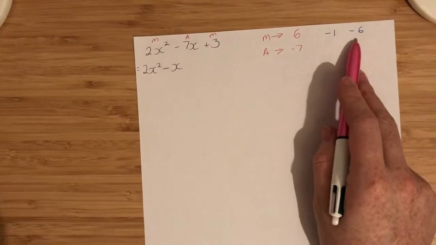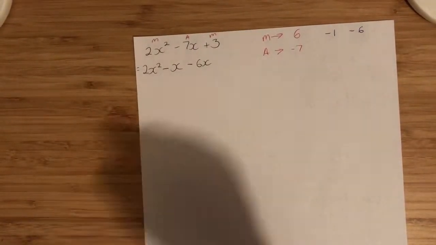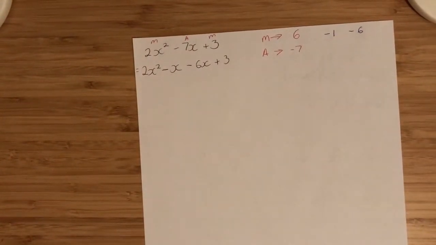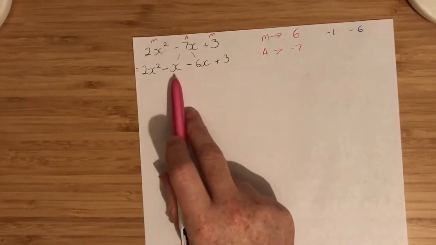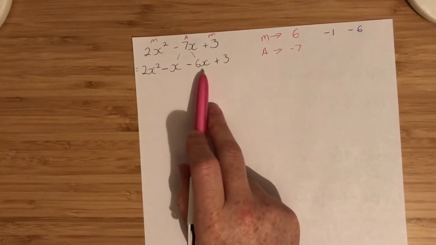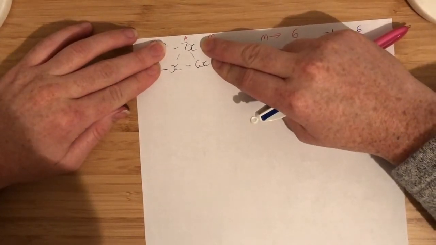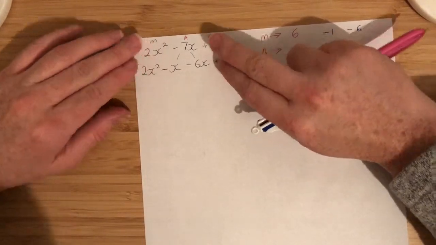And we use this -6 as well, -6x, and you still have the +3. So all we've really done here is we've broken this -7x in the middle into two different terms. -x, -6x. Now if we were just to look at that, -x minus 6x is -7x. So we haven't changed it in any way, we've just split it up.